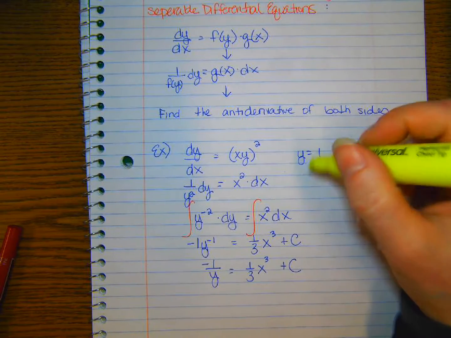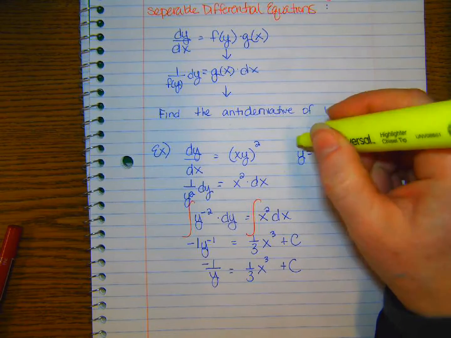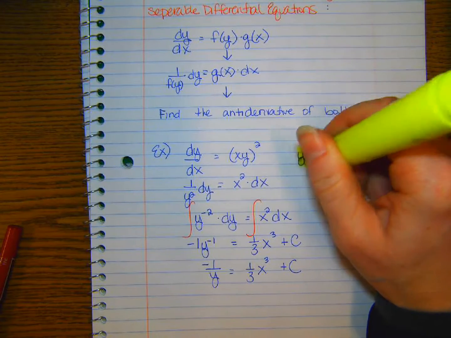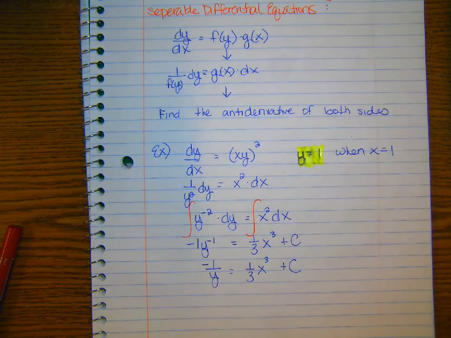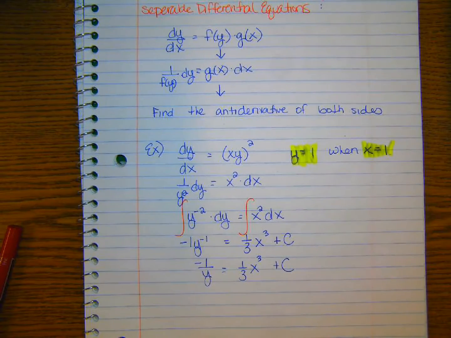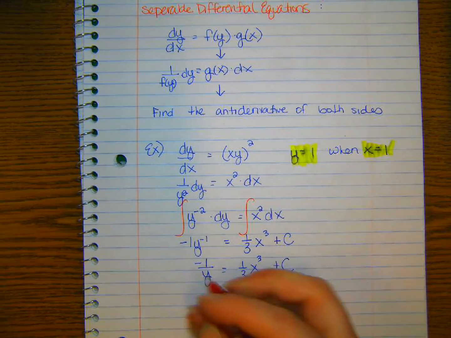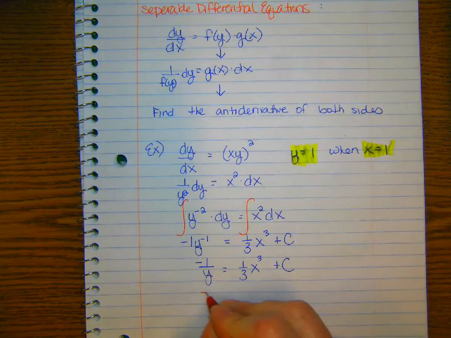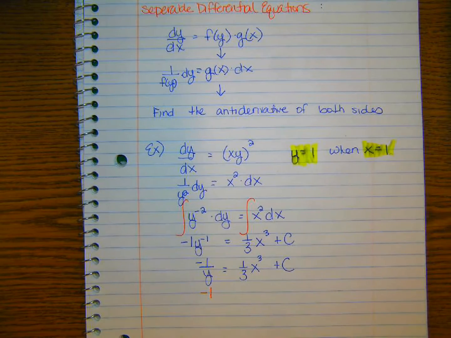Let's go ahead before I get too complicated, because really when you're solving an equation, remember in Algebra 1 how I'd say solve for y? We're going to solve for y. But before we do that, let's find c. You're going to be given some information in the problem that allows you to find c. It says when y is 1, x is 1. And so what I'm going to do is I'm going to put those values in. So I put 1 in for y, that's negative 1 over 1, or negative 1.